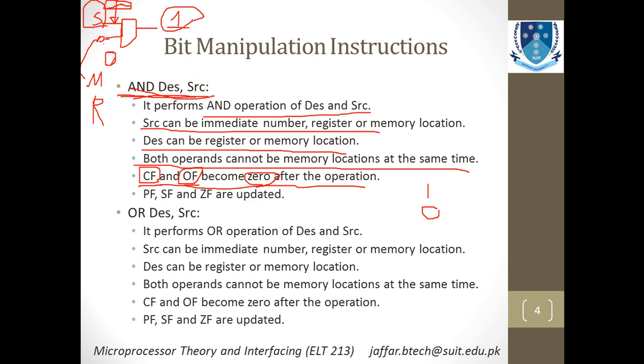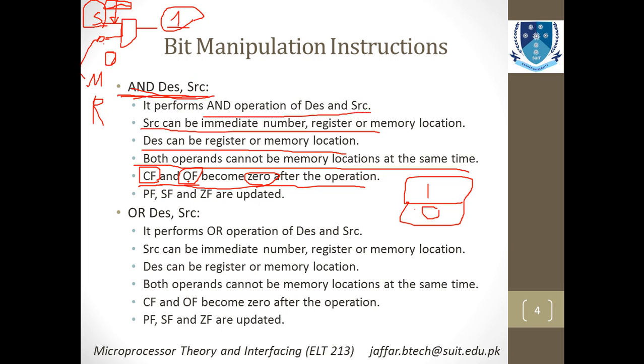Overflow means that you have exceeded your memory, but you see that there is only a single bit, so there is no chance that this memory can be filled. If it were 2 bits, then there would be a possibility, but in this case, if you are setting a single bit, there is no possibility that the carry flag or the overflow flag will become 1 or be enabled.